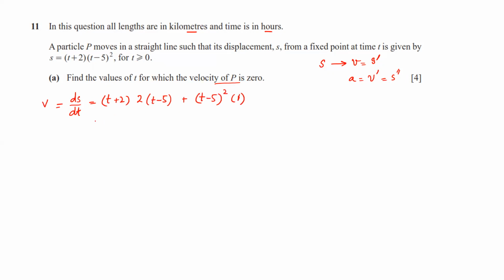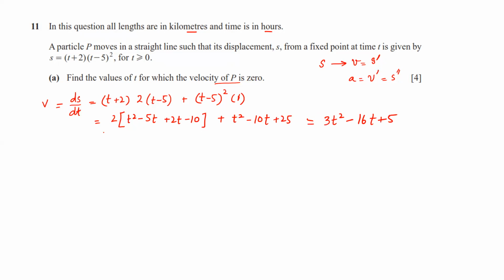So the value comes out to be 2t square minus 5t plus 2t minus 10 plus t square minus 10t plus 25, and this simplifies to 3t square minus 16t plus 5.